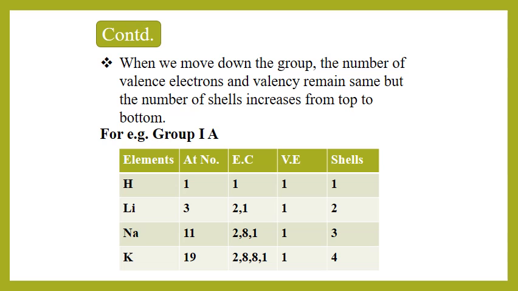We can see in the electronic configuration column that the outermost shell has the same number of electrons, but the number of shells keeps on increasing when we move top to bottom in a group.